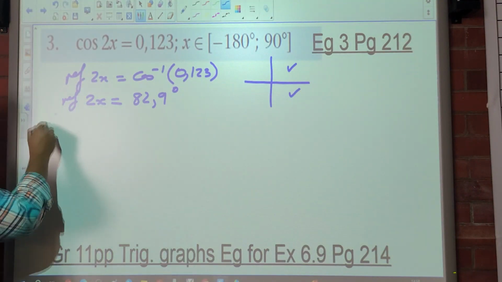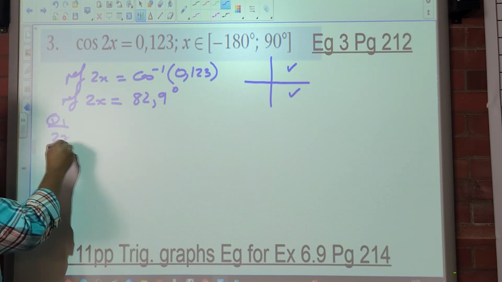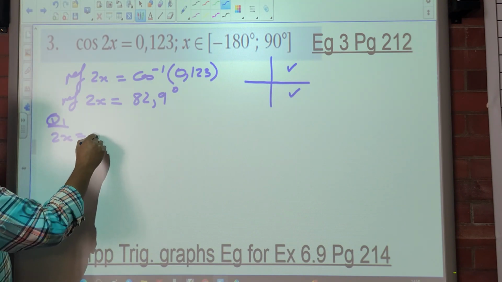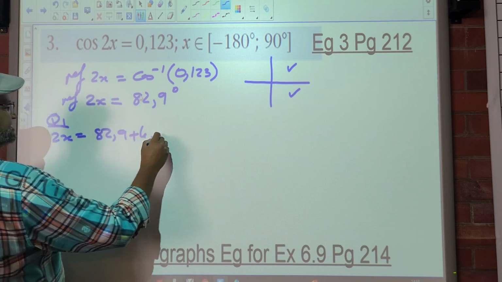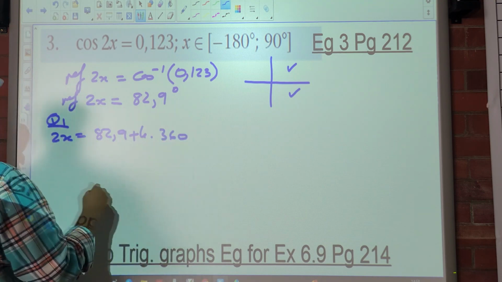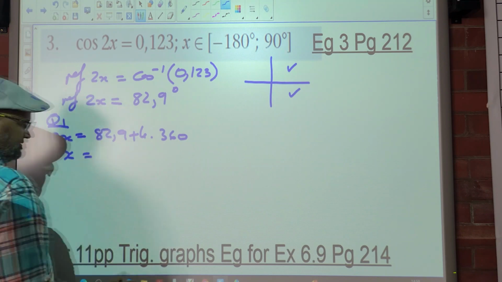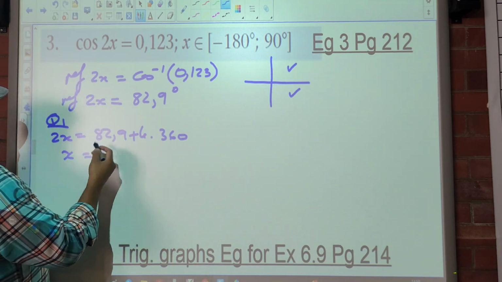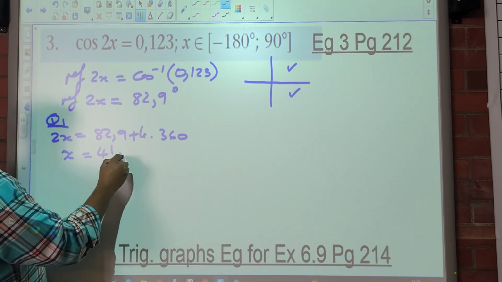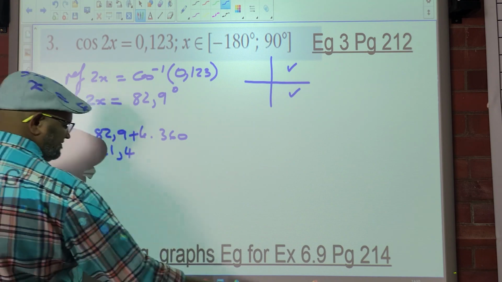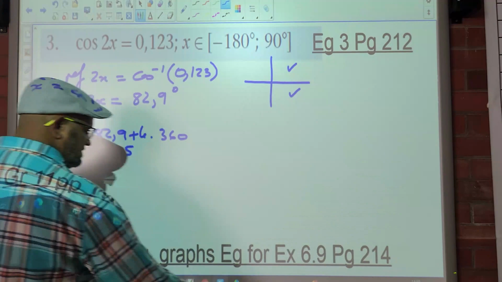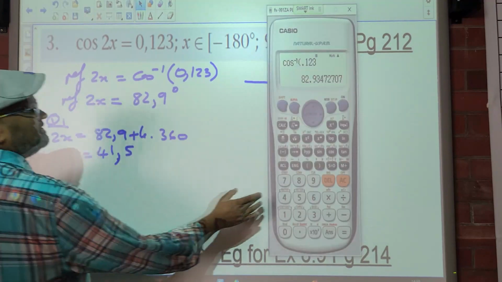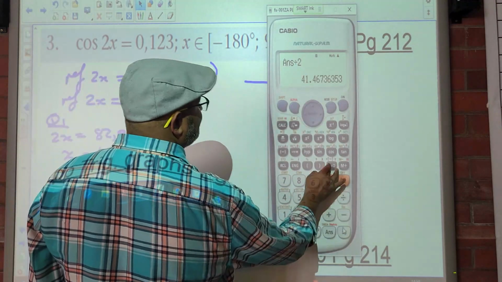Okay? So quadrant 1 is going to be 2x is equal to 82,9 plus k times 360. Now I divide by 2. It gives you 41,5. Okay, just check it. Should be correct. Divide by 2.